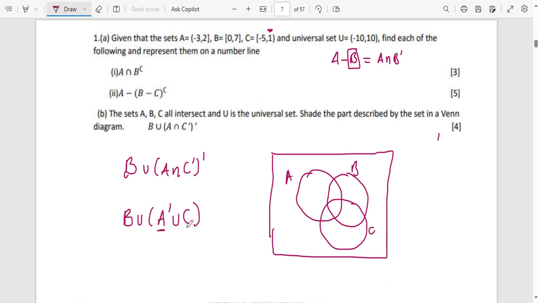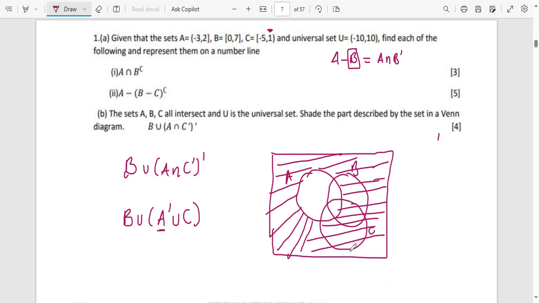A complement union C. A complement union C means shade everything that is outside A and also shade the entire of the set C. Okay, that's the meaning of A complement union C. So A complement first, let's shade A complement, everything outside the set A. So this is A complement.